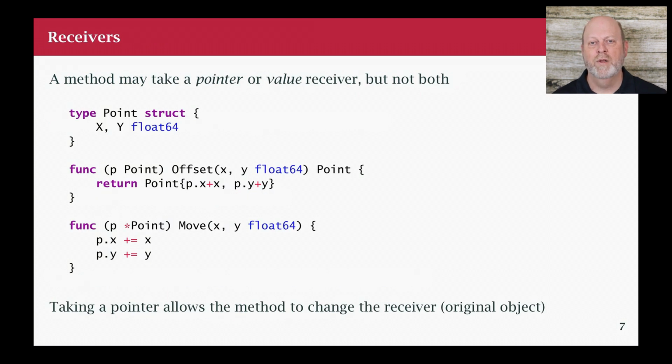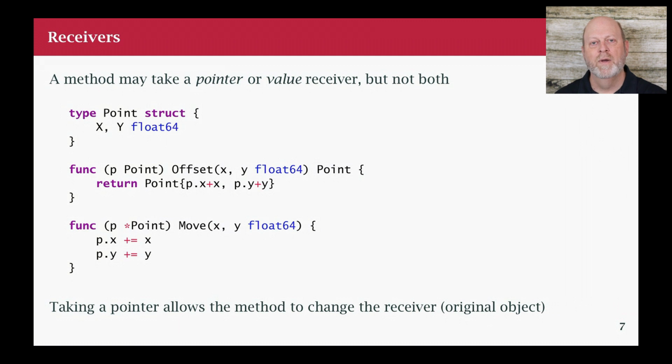Okay, so before I go to the playground and do a little bit more concrete examples in the playground, I want to show one more thing. And that is when we talk about the receiver, there's two kinds of receivers, value receivers and pointer receivers. Now we've already talked about pointer and value semantics, or reference and value semantics. And objects have the same thing.